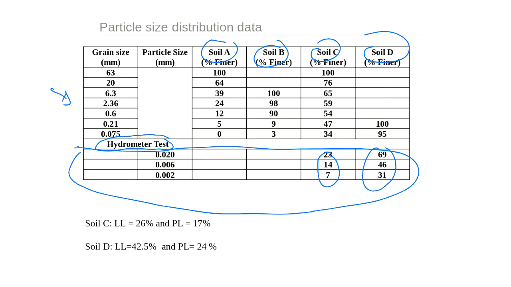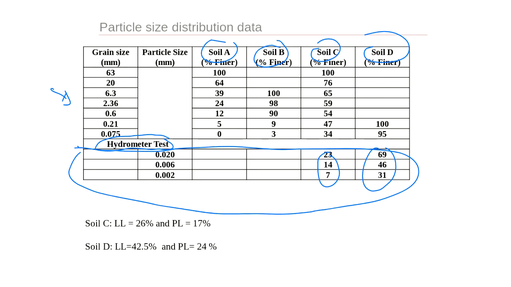We didn't do it for soil A and soil B. What's the reason? Fines, yes, fines. To do this test, we need to have fines about 10% or higher. If you have less than 10%, then we're not going to do this test.